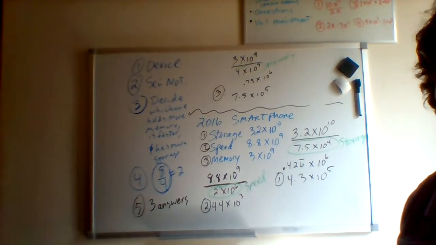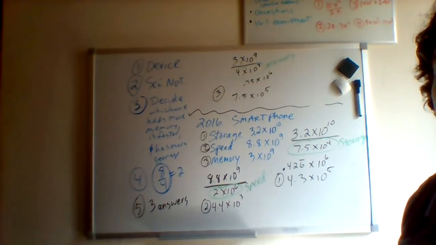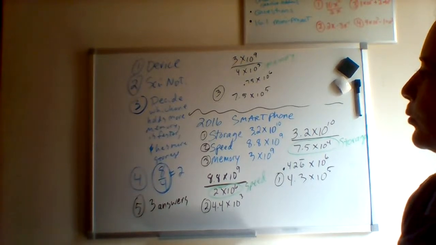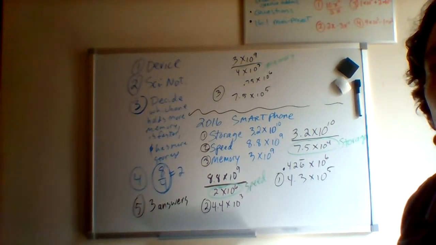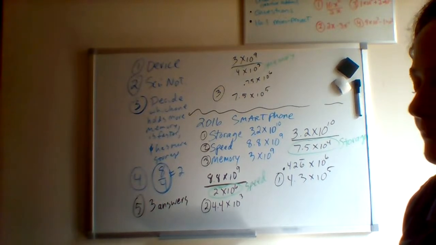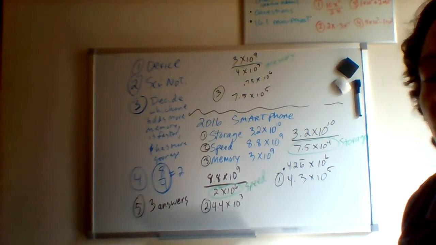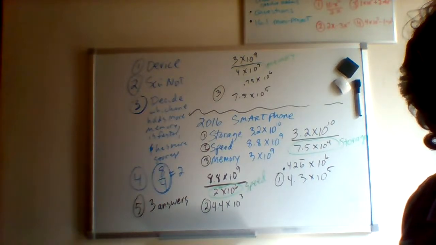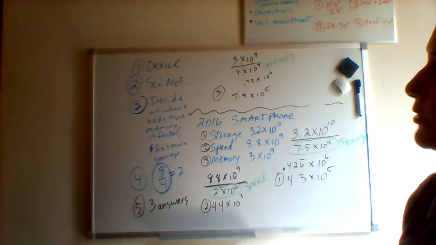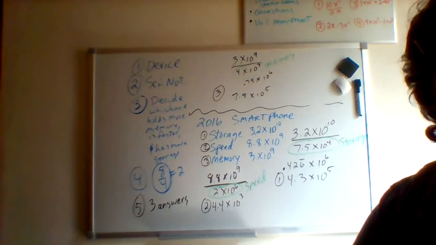The whole point of this was we wanted to decide if over the course of time, were devices able to store more, go faster, and hold more memory? Obviously, I didn't do the one from 1977, but you guys can.